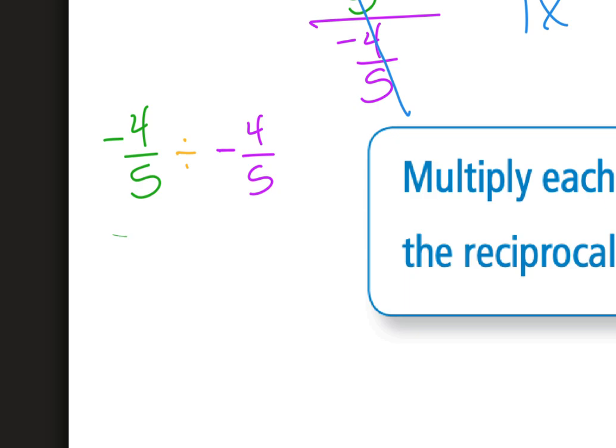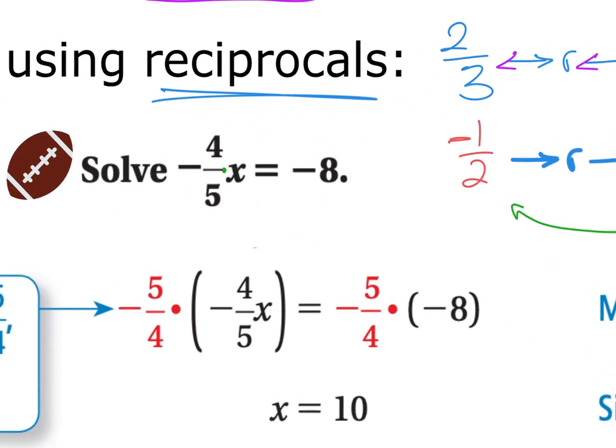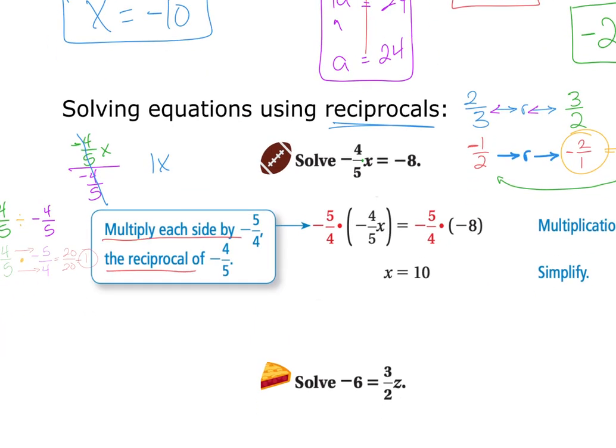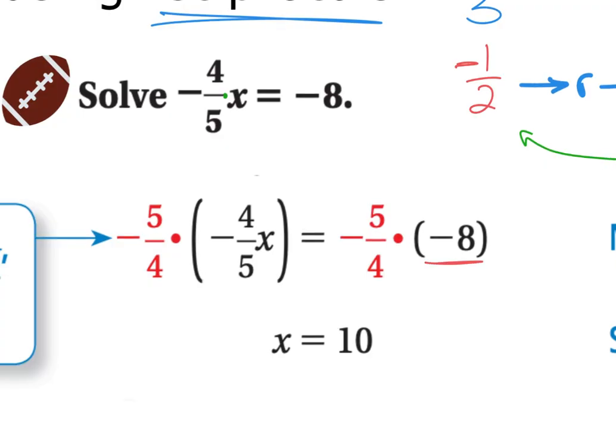Because, as you know, when you multiply with fractions, you actually multiply and you flip the second one, right? So you end up getting 20 over 20, which is 1, right? The reason that this is worth talking about is because if you multiply each side by the reciprocal, you're going to end up multiplying this by the reciprocal as well.